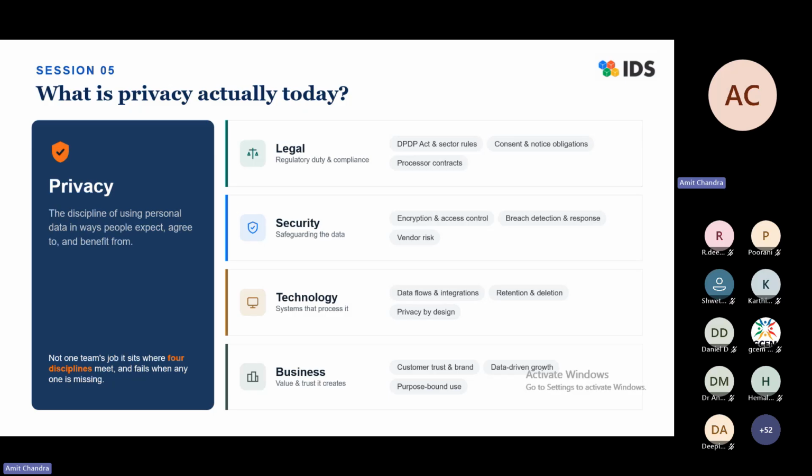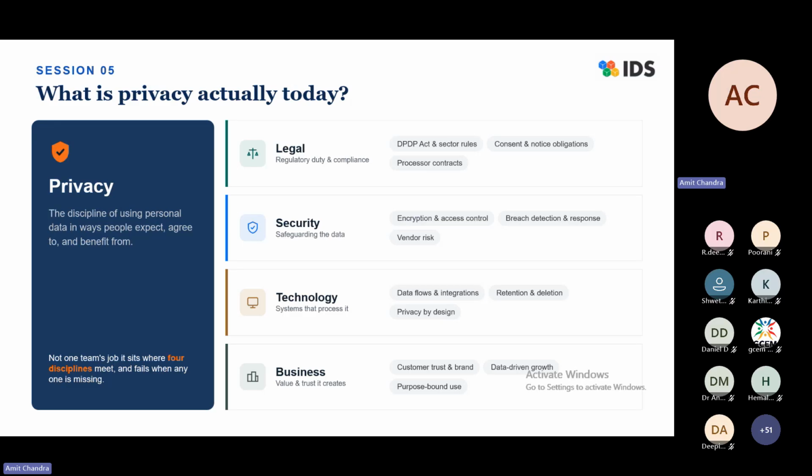You need to make sure that all the personal data of a person comes under the legal entity, whether it is the DPDP Act, ISO, or SOC. All those compliances are in order to protect the personal data of the person. Also, you need to encrypt the data.